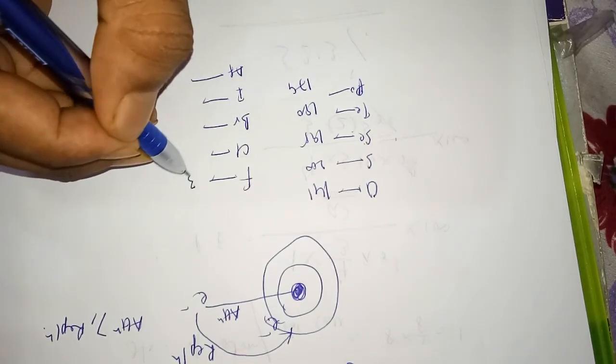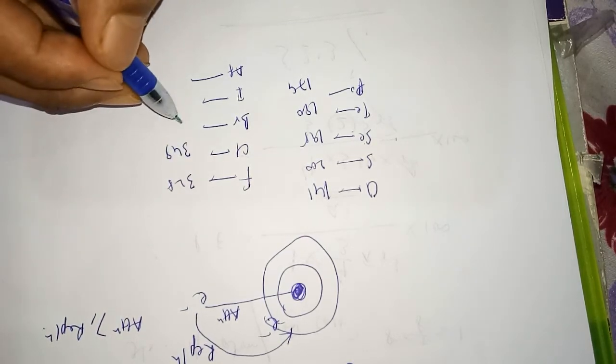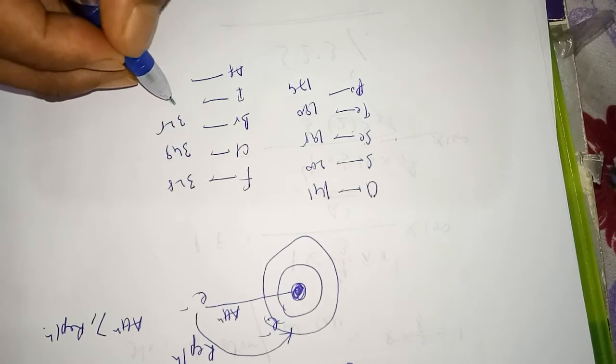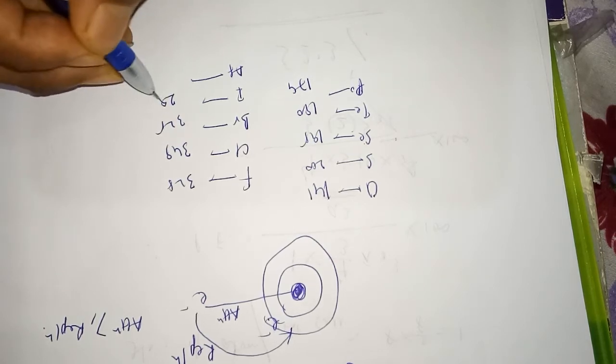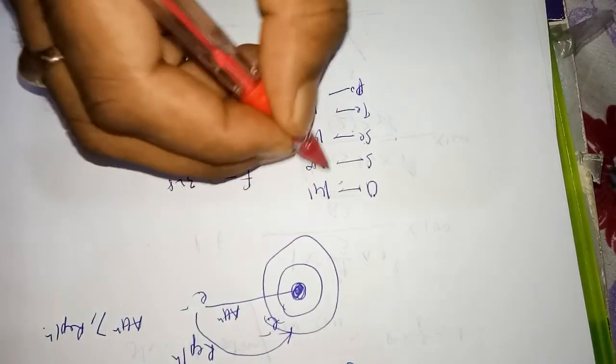Chlorine value is 328, then 349, 325, 295, 270. All are minus.